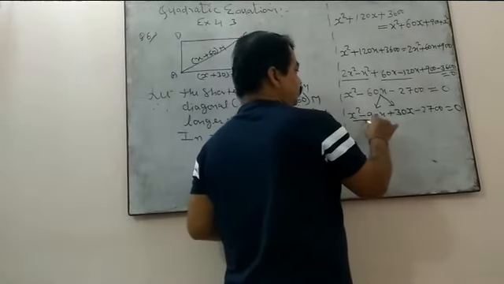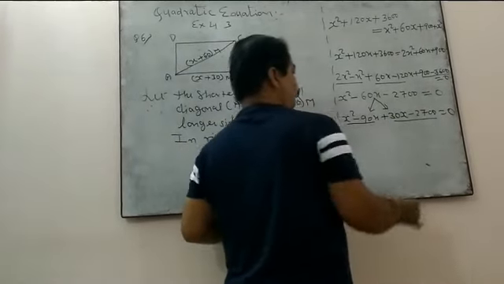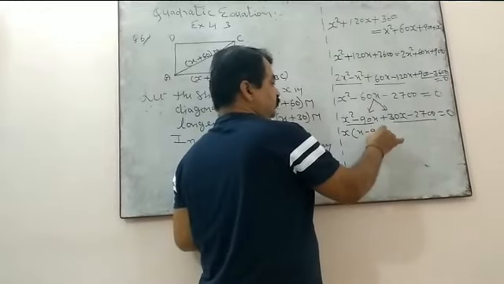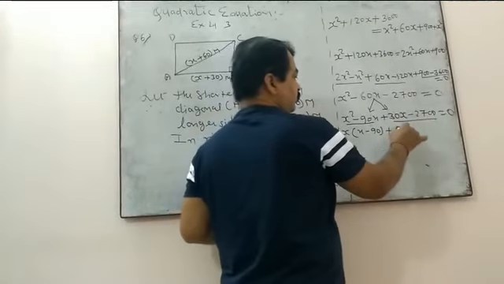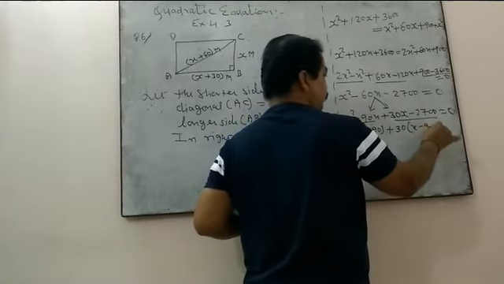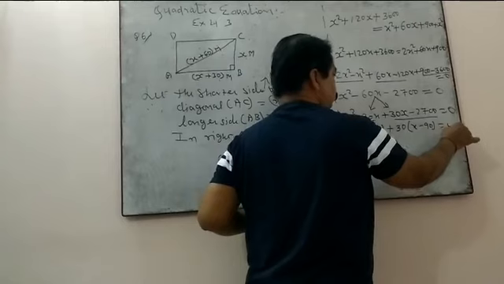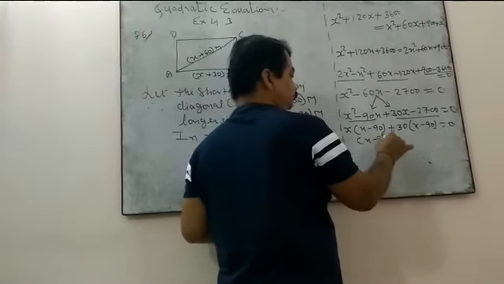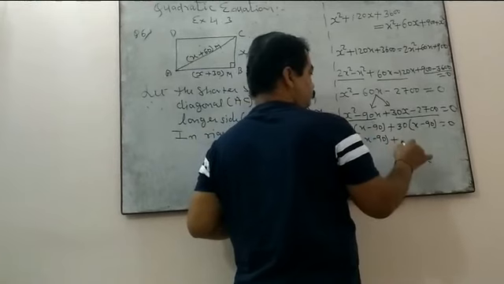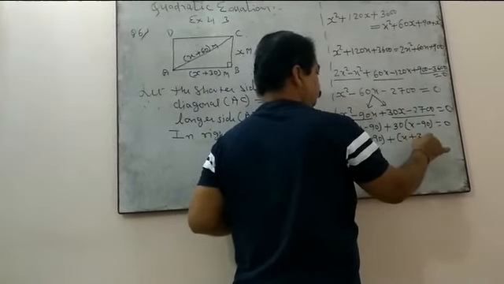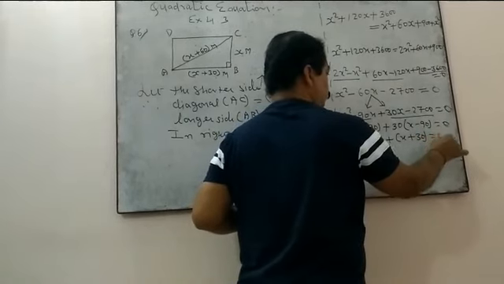Now take the pairs, take out the common factor x, x minus 90 and here 30. So (x minus 90) plus (x plus 30) equal to 0.